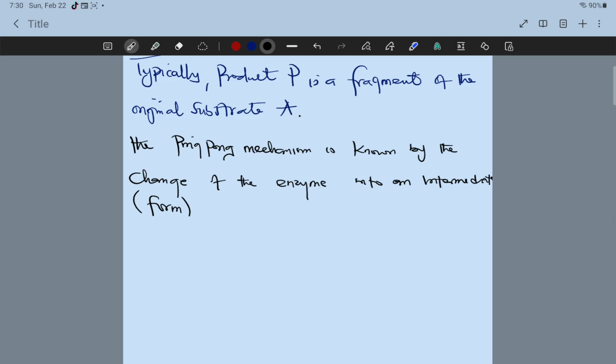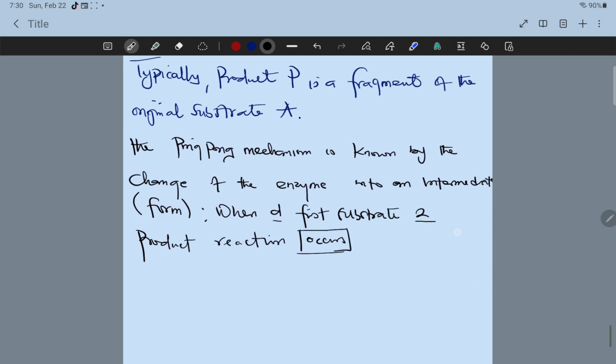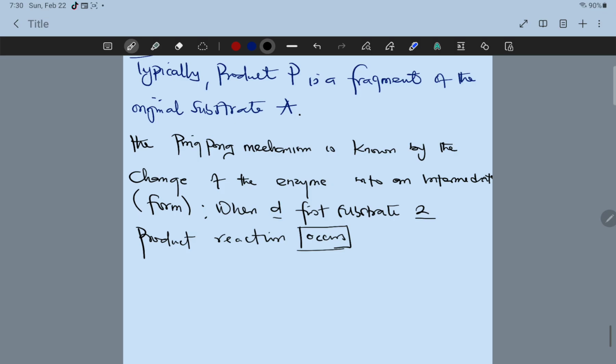Yes, the change of the enzyme into an intermediate form when the first substrate to product reaction occurs. Did you see that? That is what we understand by ping-pong mechanism.